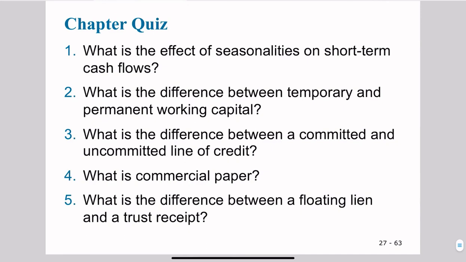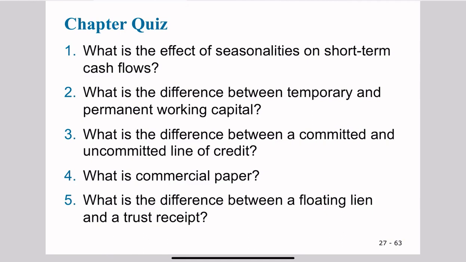What is the difference between a committed and uncommitted line of credit? Well, this is simple, right? You can guess this from the name. If it's committed, then it means the bank is legally bound to provide the credit if the firm does not violate the contract with the bank.